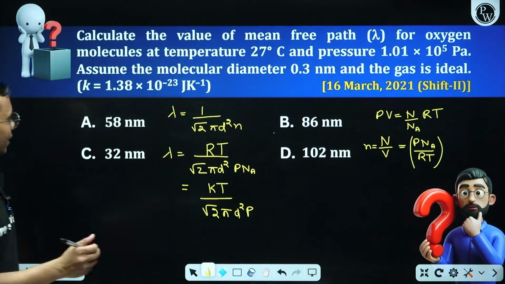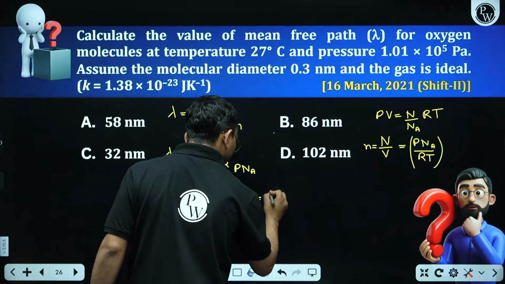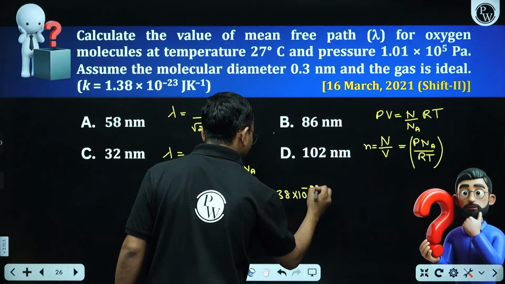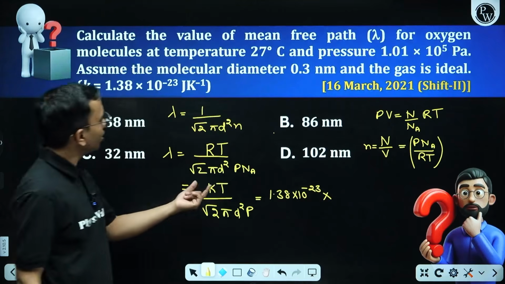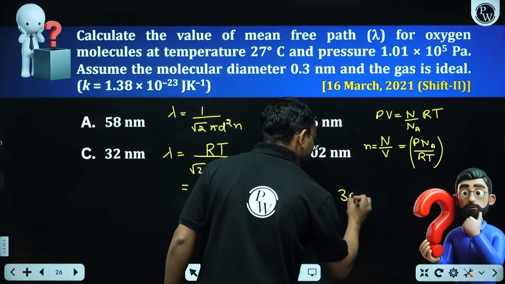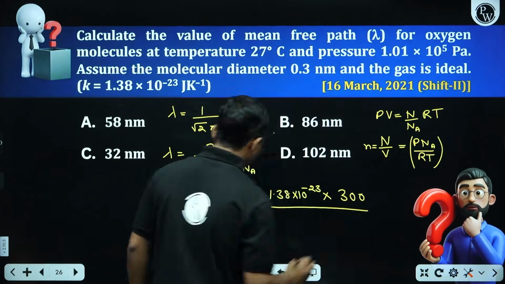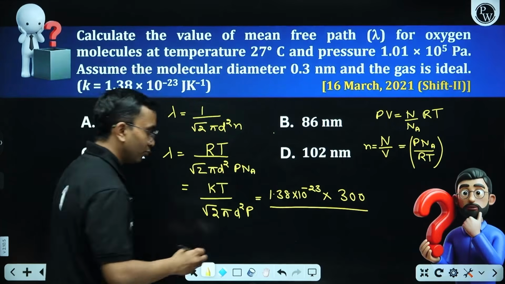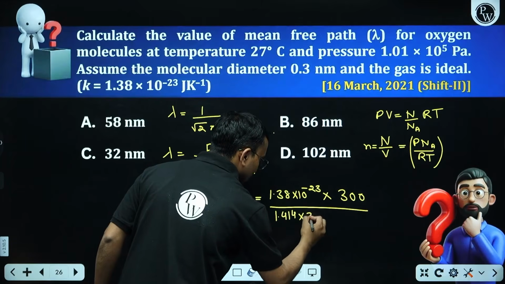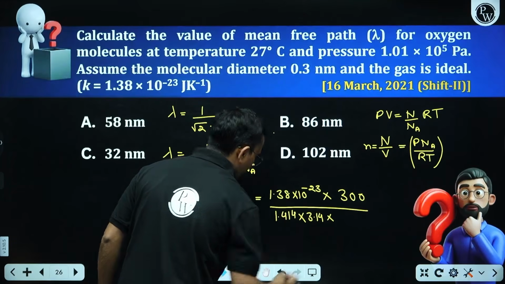Okay, now put the values. 1.38 into 10 to the power minus 23. This is my Boltzmann constant. What is the temperature? 27 degrees Celsius. So that is 300 Kelvin. 300 divided by root 2 is 1.414, 1.414 into pi is 3.14 into d square.